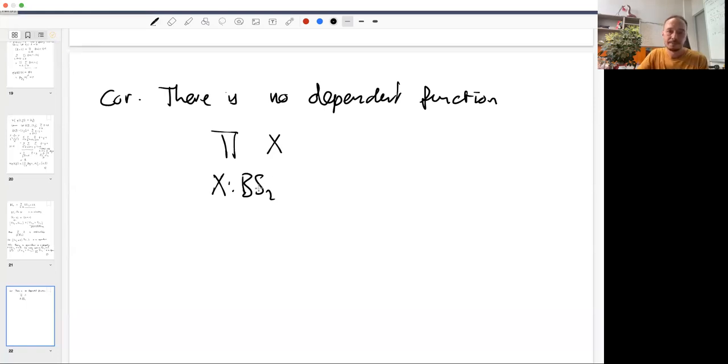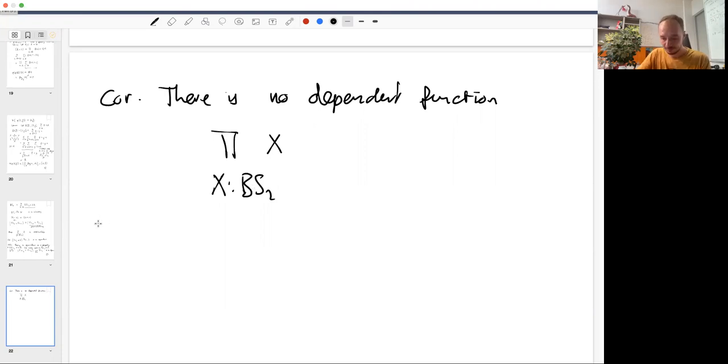So this may seem strange to you, because two-element types have two elements, and why should I not be able to pick an element? But we can now prove that there cannot be such a function. If there is such a function, we can construct an element of the empty type.